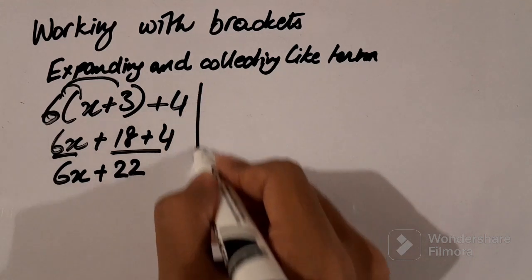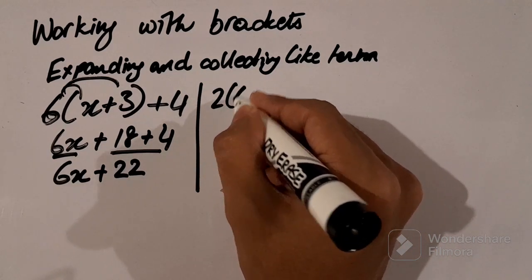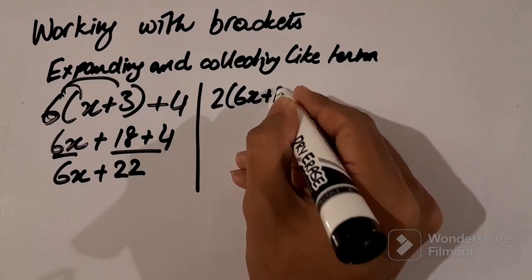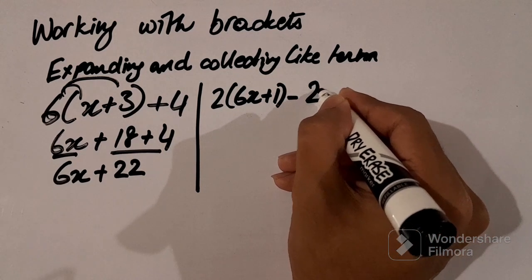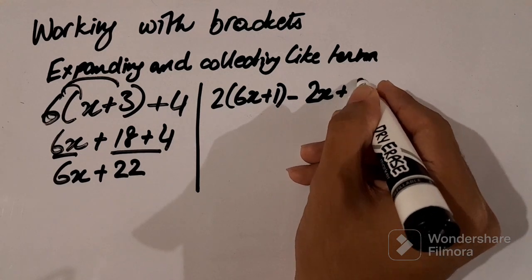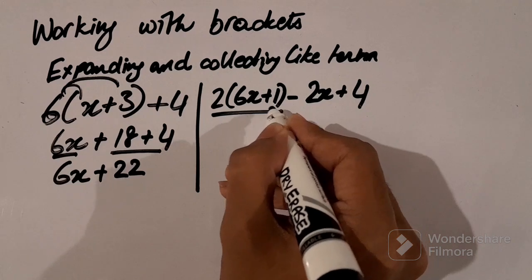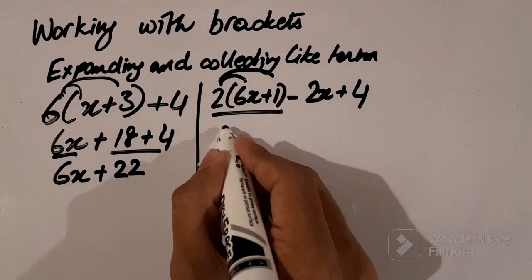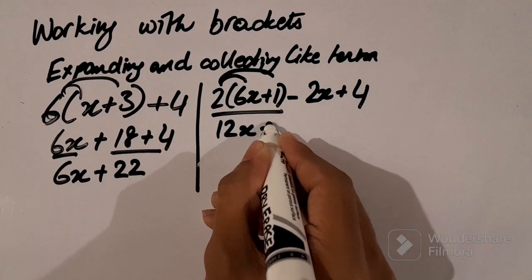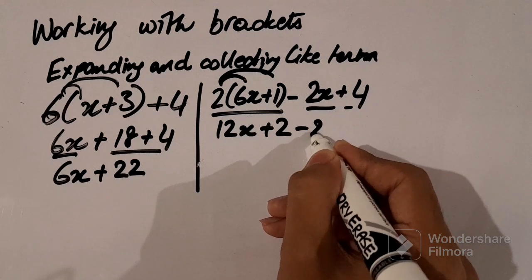Another example can be 2(6x + 1) minus (2x + 4). Now what we will do over here, first we will expand the brackets and we will write 2 multiplied by 6 and 2 multiplied by 1, which will be 12x plus 2 minus 2x plus 4.